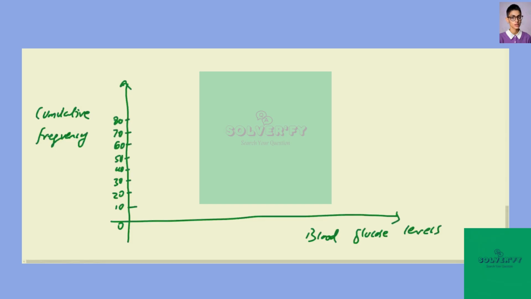On this side we have 59.5, 64.5, 69.5, 74.5, 79.5, 84.5, 89.5, 94.5, and then 99.5.